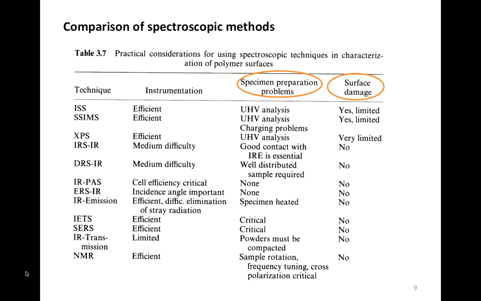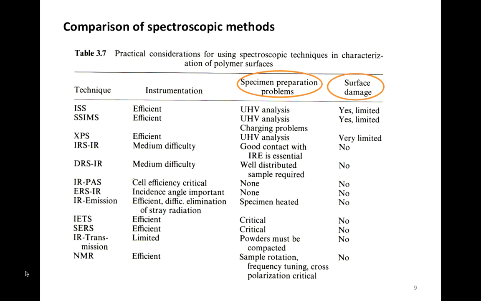For instance, ion scattering, secondary ion mass spectroscopy and XPS need ultra high vacuum. It's important to have high vacuum, because otherwise the information is lost in the medium. You need the electrons to fly and be detected and not scattered. Ultra high vacuum is 10 to the minus 9 millitorr. It's quite a high vacuum.